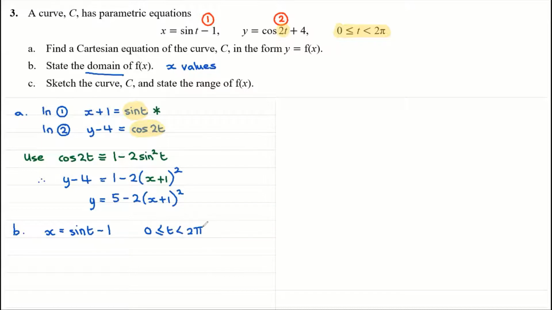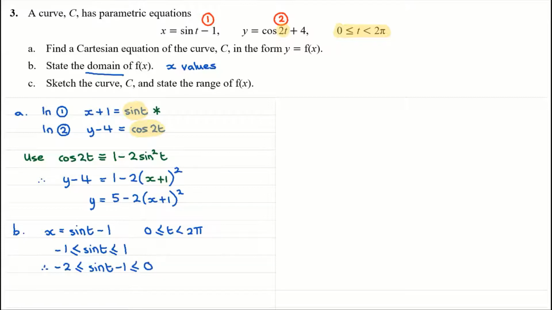Well, between 0 and 2 pi, sine has a maximum and a minimum. Okay, so that's fine. So we know that sine t will be sandwiched between -1 and 1 for that range of values of t. And if we subtract 1 from both of those, we're going to have -2, sine t subtract 1, and then subtract 1 from the right-hand side of that inequality, which is 0.